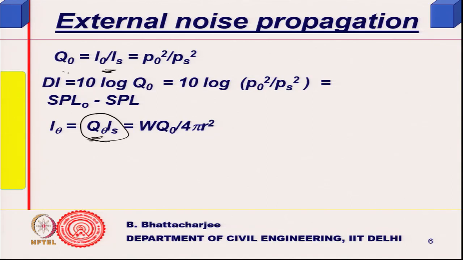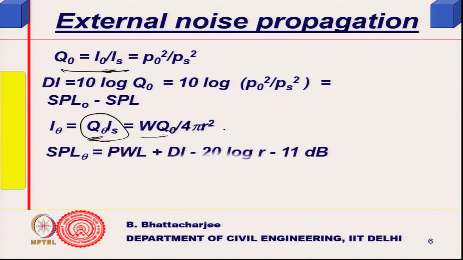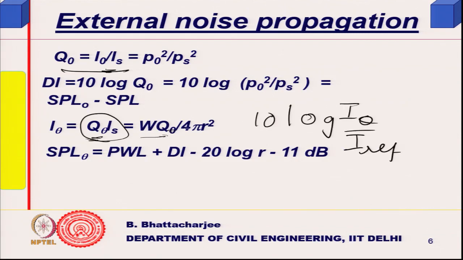If we separate out Q theta, the directivity factor, then it will be W divided by 4 pi r square, equally in all directions. Simply take 10 log of both sides: 10 log I theta by I reference, and on the right-hand side also take W by W reference and take 10 log of this.